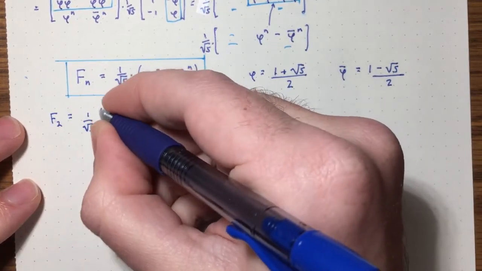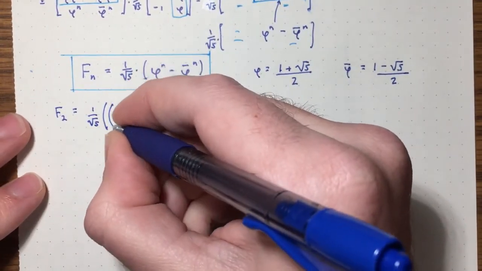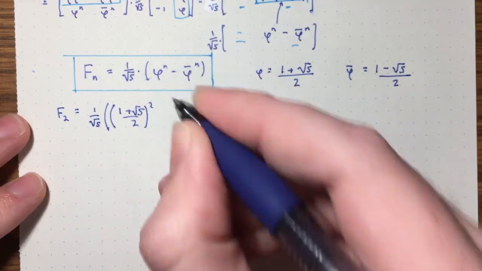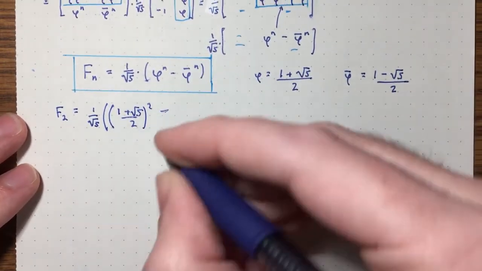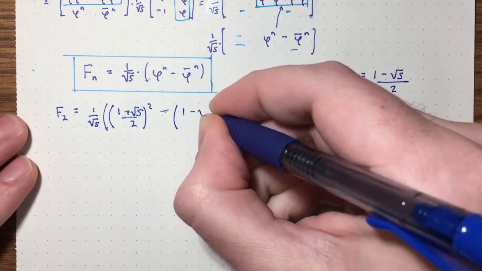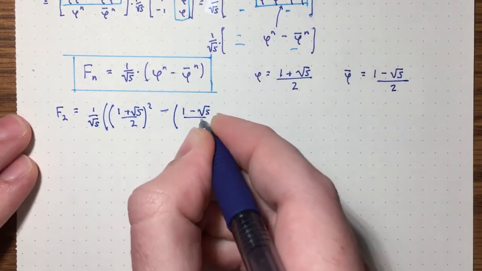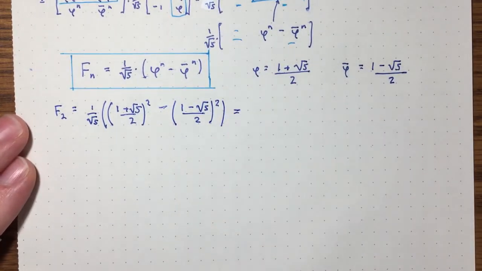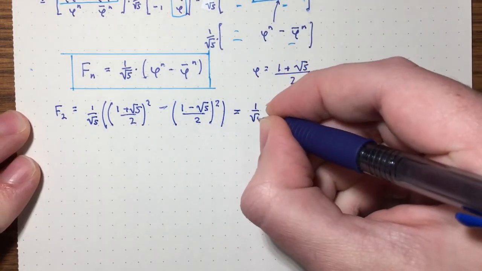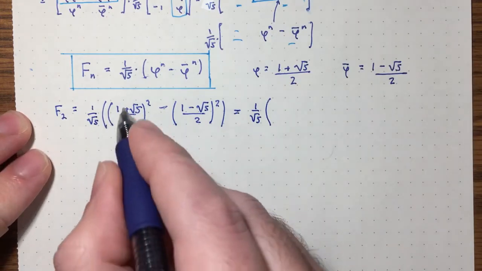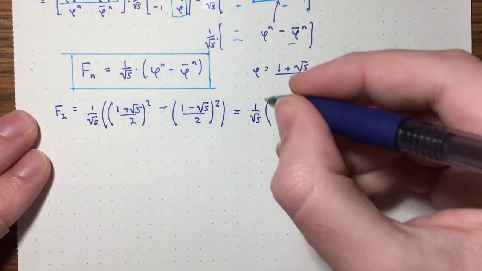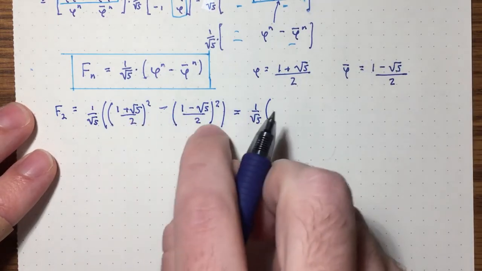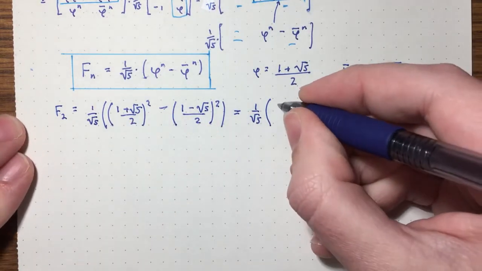N is 2, so I need to do this to the second power, and then I need to do minus this to the second power. Okay, 1 over square root of 5, and then what do I get in the numerators here? I'm going to get a 4 in both denominators, but what am I going to get in the numerators?